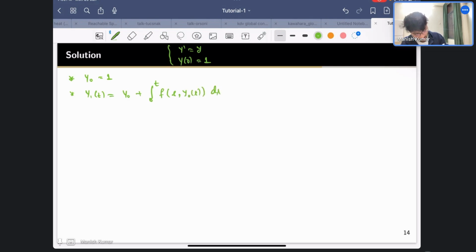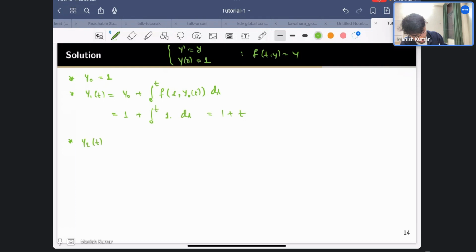And y0 is 1, so this is 1 plus the integral from 0 to t. And what is the function f? Here you note that the function f(t, y) is y. So here f(s, y0(s)) is y0(s), and y0(s) is 1. So this is 1 times ds. Okay, so you get 1 plus t.